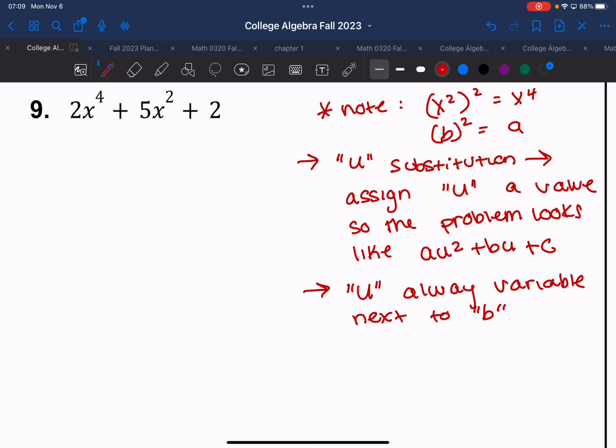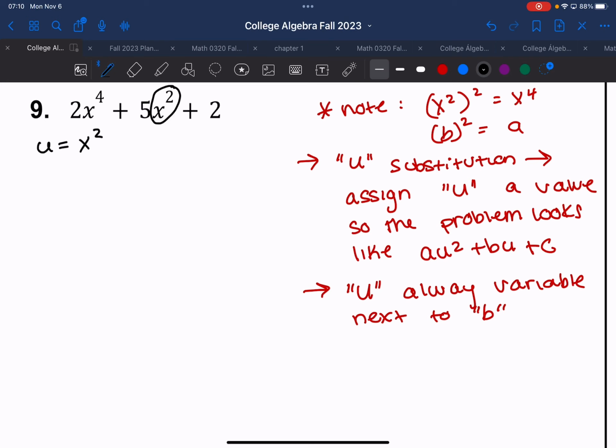So for this example, what is our u going to be equal to? Always the variable next to b. So x squared. Okay? It's always this part next to the b.